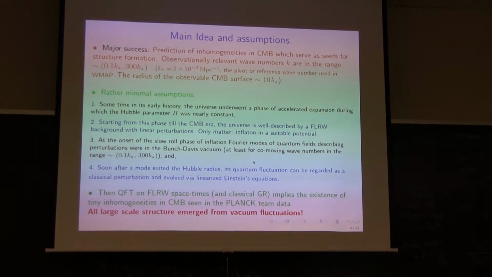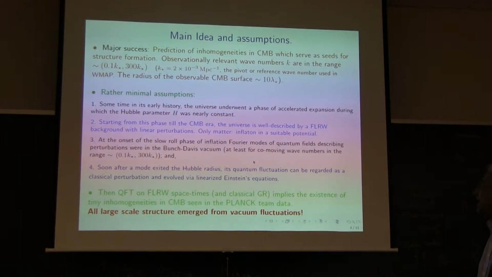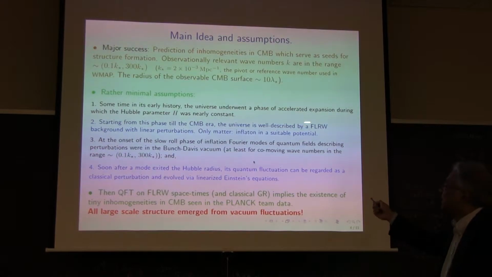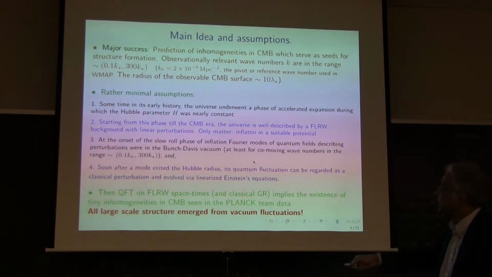Then there are minimal assumptions: in the earlier part of the history of the universe, there is an accelerated, nearly exponential expansion. The Hubble parameter is constant, which means it is a nearly exponential expansion. Starting from this phase till the cosmic microwave background era, the universe is well described by Friedmann-Lemaître-Robertson-Walker with linear perturbations.